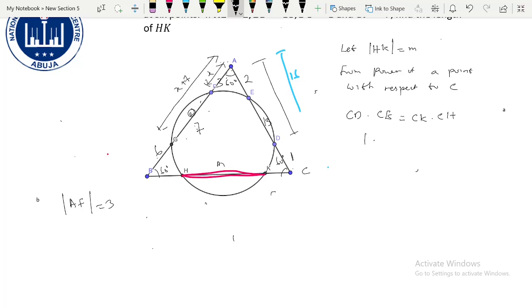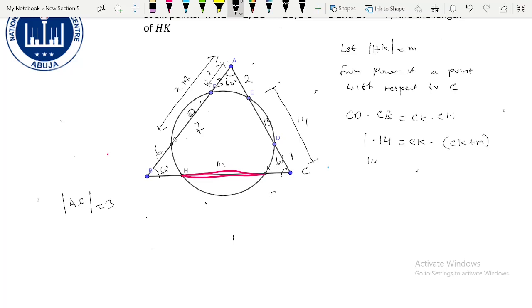CD is 1, CE is 1 plus 13, which is 14. This is 14. We don't know what CK is, but we know that CH is CK plus M.